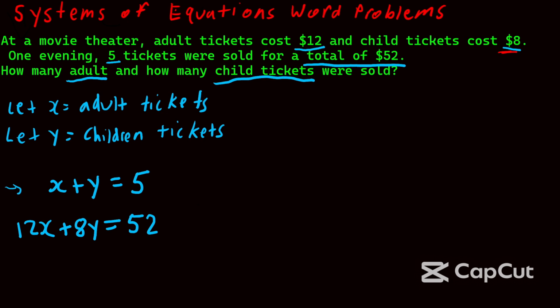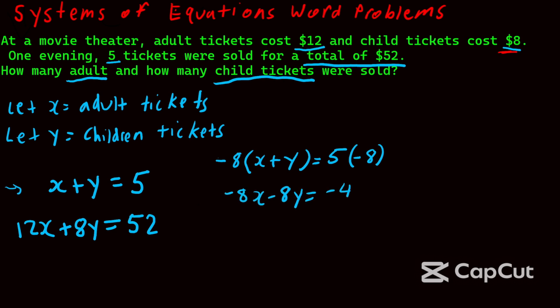I'm trying to cancel either x or y. I'm just deciding to cancel out y because 8 is smaller than 12. So I'll show you. Negative 8x plus negative 8y equals 5 times negative 8. Remember, always multiply both sides. Negative 8x minus 8y equals negative 40.